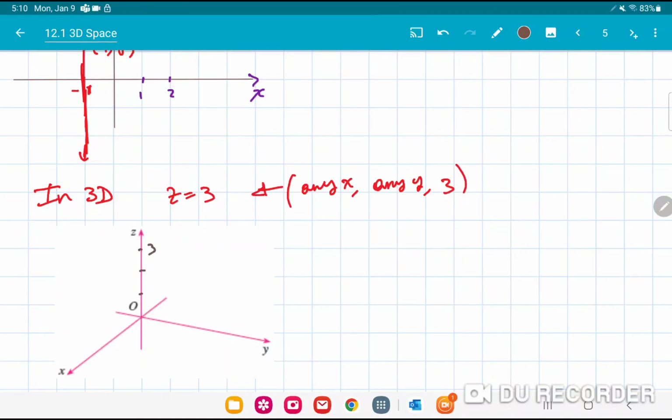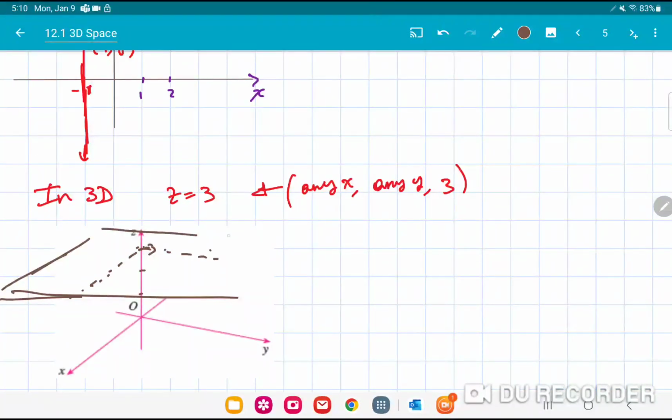So I'm going to draw any x, any y, but the z component has to be 3. So every point in this line, 3 units up on the xz plane, or any point on the yz plane, 3 units up, or anywhere in this plane.